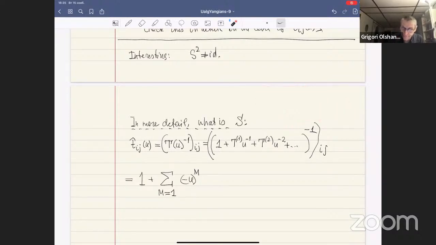So I use this formula, and then I get as follows, and one more sum taken on the partition of M into K summands. So all the M_i are integers which start from 1.